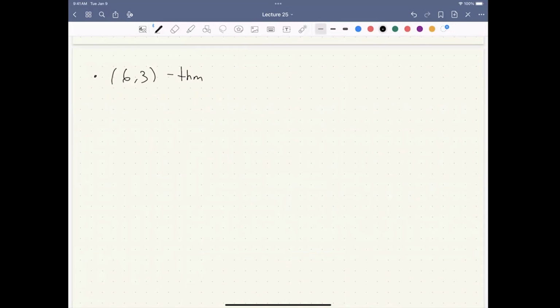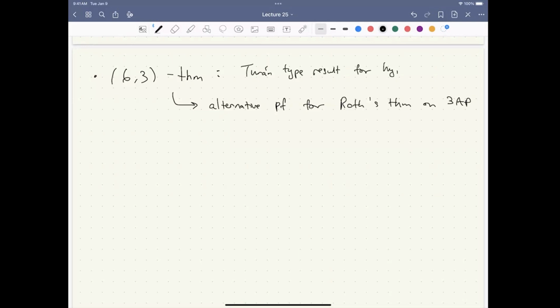This 6-3 theorem provides an alternative proof for Roth's theorem on three-term arithmetic progressions, or 3AP. So what is this 6-3 theorem? This is basically a Turan type theorem for hypergraphs.